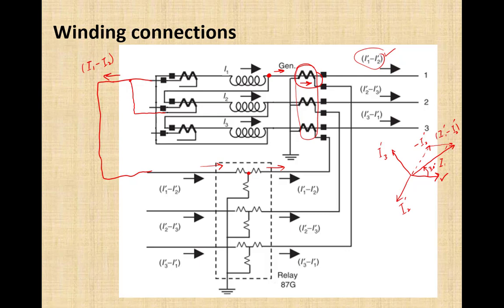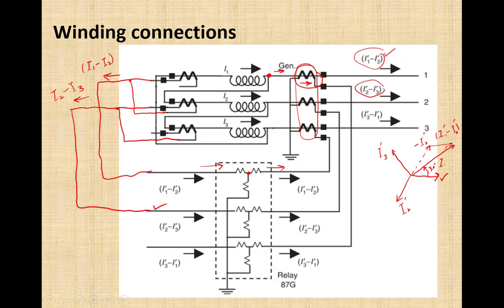Next, here we want a current I2 minus I3 as mentioned over here. So this is I2. We will have to subtract I3 from it. So this current would be I2 minus I3. Let's make its connection here.